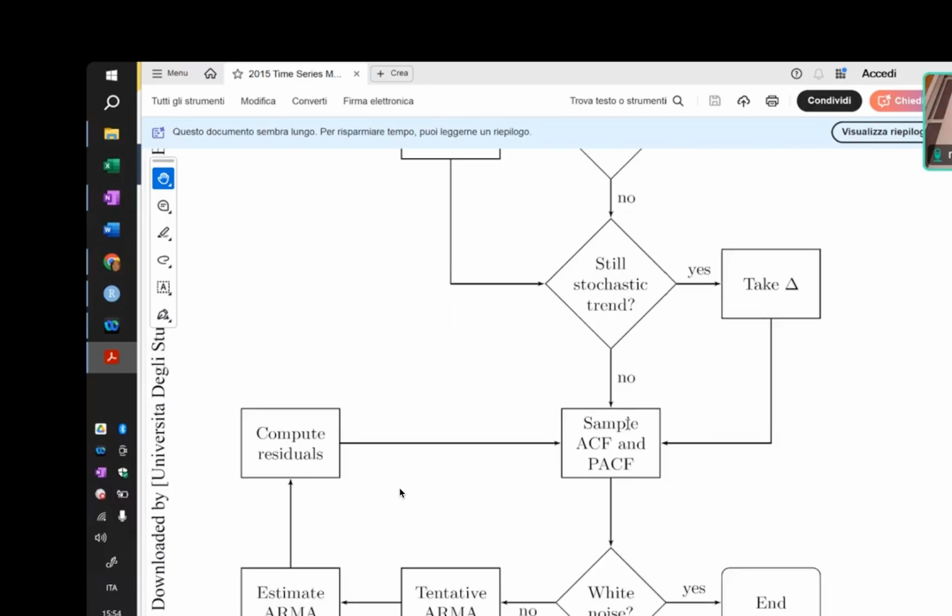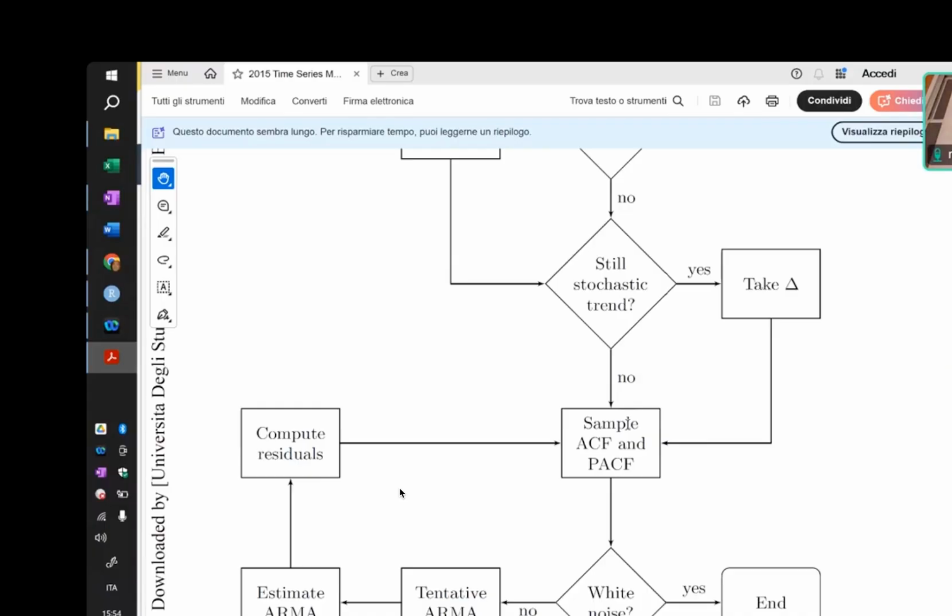I made my time series reasonably stationary. And that's the point where I start working with ACF and PACF, the autocorrelation and partial autocorrelation functions, to try to identify the p and q values of the ARIMA model.